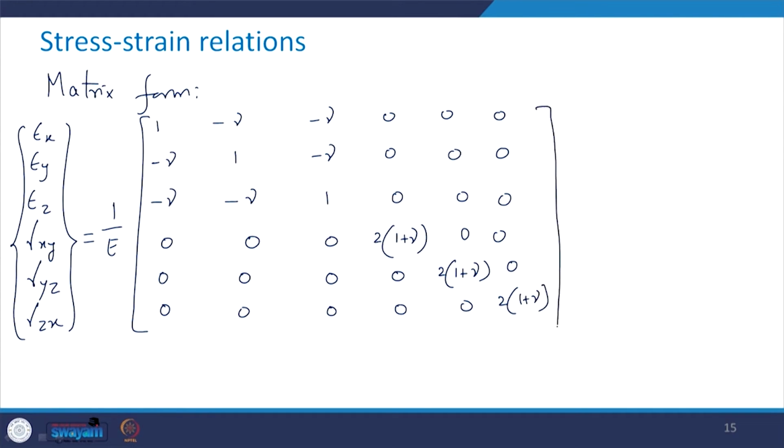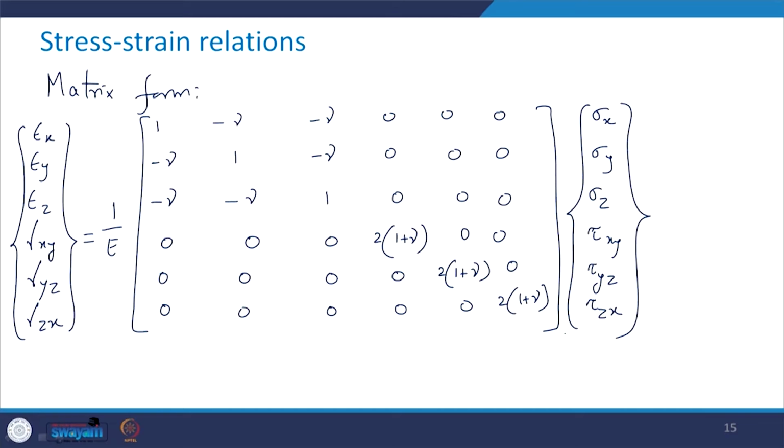So, this is your matrix, and then you have the stress vector which is sigma x, sigma y, sigma z, then tau xy, tau yz and tau zx.